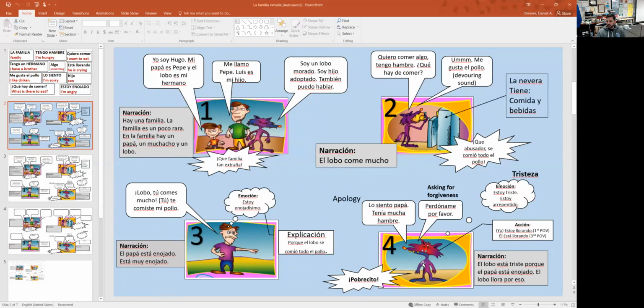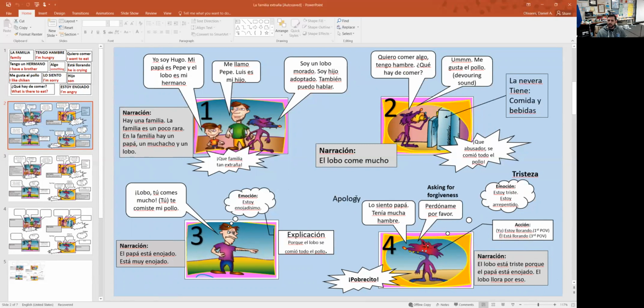If you move on to scene number 4, I provided the emotion that this character is feeling, and additionally, not an explanation, because the explanation to that is embedded within the narration right here. I provided another step right here, which is the action that this character is performing, which in this case is crying.